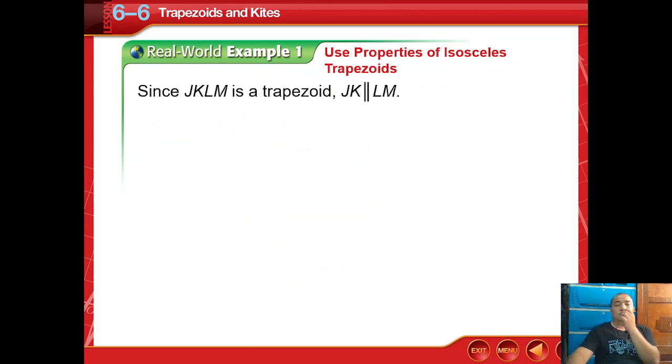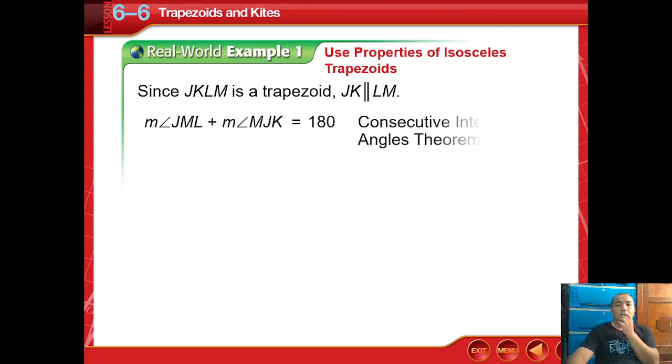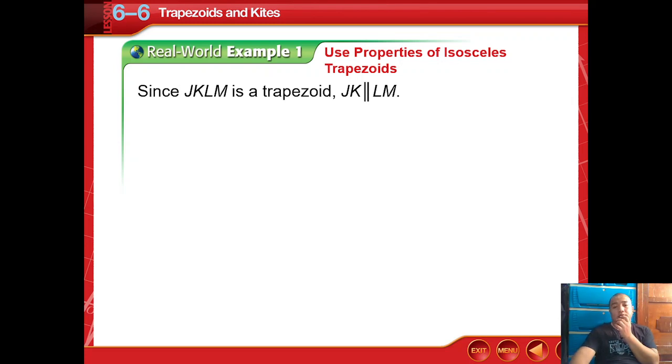So this is the solution. Since JKLM is a trapezoid, the bases are parallel: JK is parallel to LM. By the consecutive interior angles theorem, the measure of angle JML plus the measure of angle MJK is equal to 180 degrees.